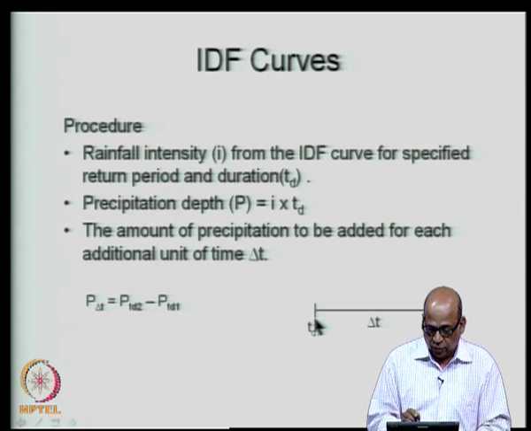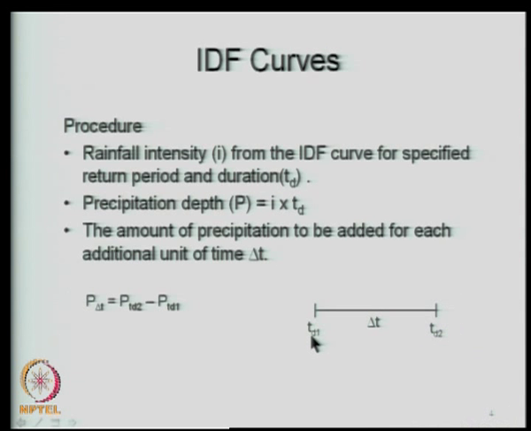So, as we are progressing in time, let us say this is 10-minute duration, 20-minute duration, 30-minute duration, etc. Associated with these we get the depths, and then this depth we distribute in this time interval delta t. So, the precipitation that is occurring in this duration will be simply the precipitation at this time minus the precipitation at this time. That is what we do here.